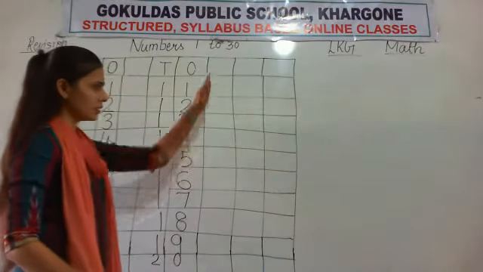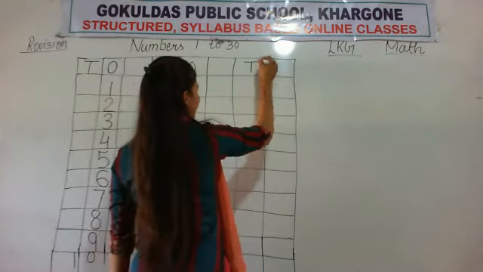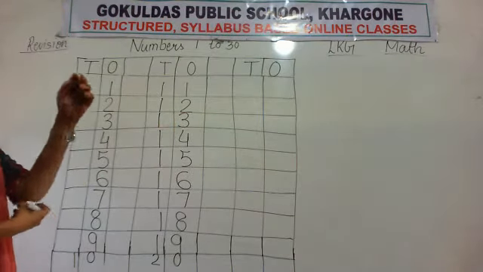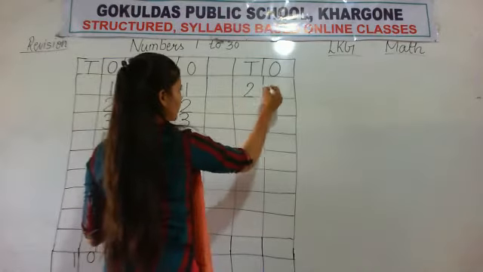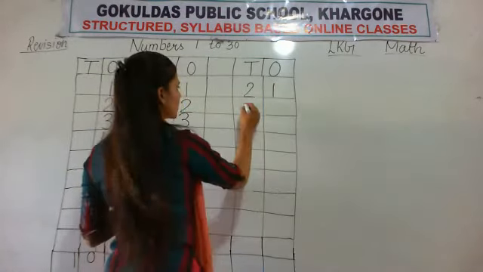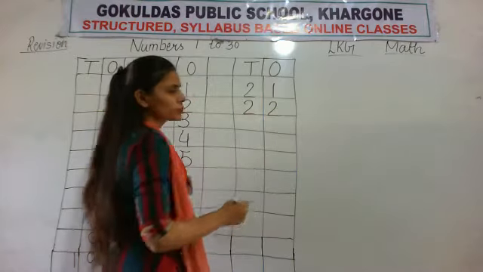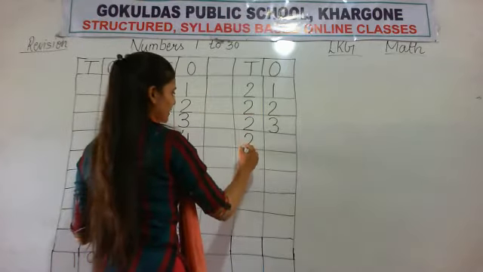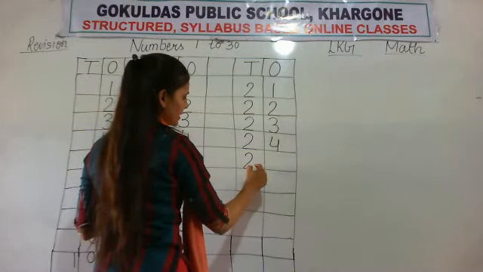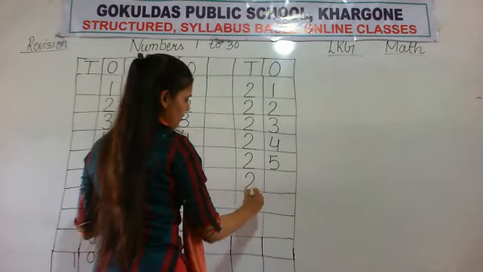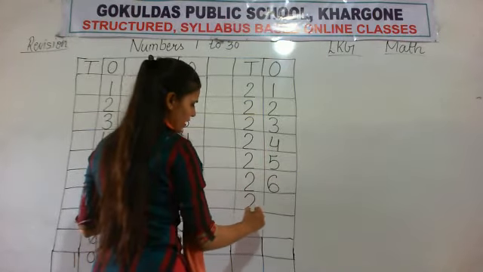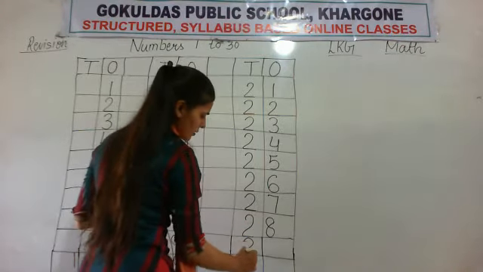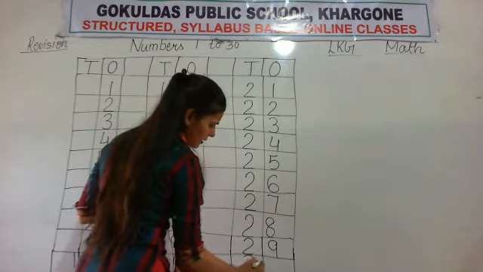Now after 20, drop one line. Tens and ones already given. Okay. So now after 20, 2, 1, 21, 22, 23, 24, 25, 26, 27, 28, 29, 30.